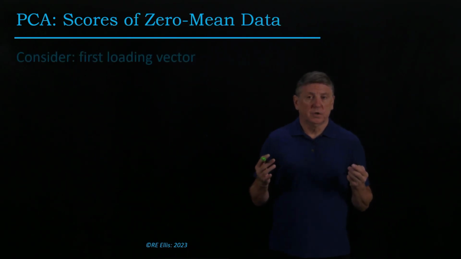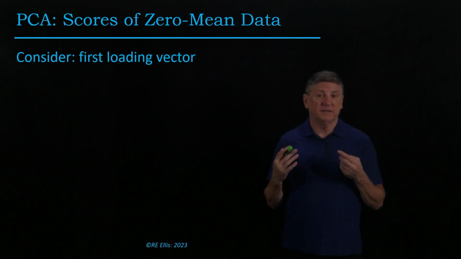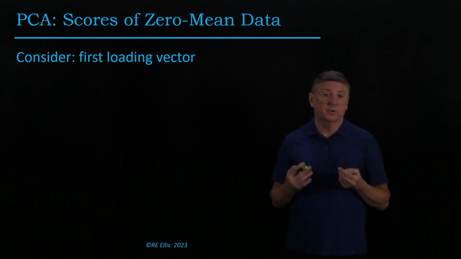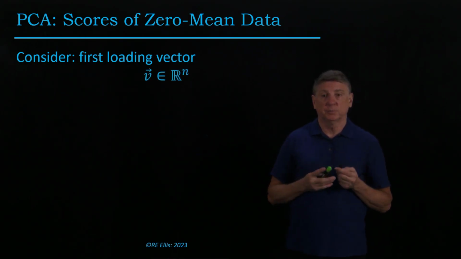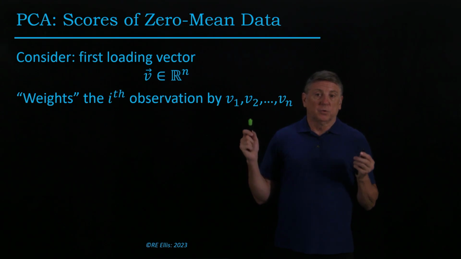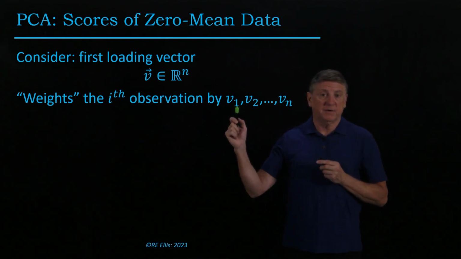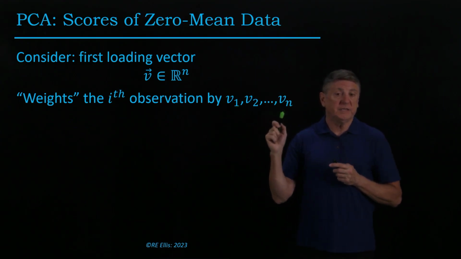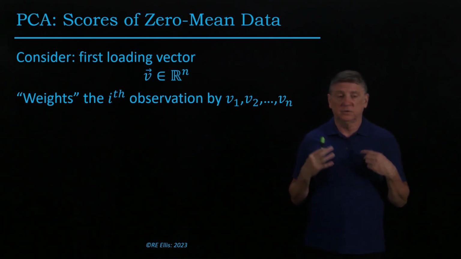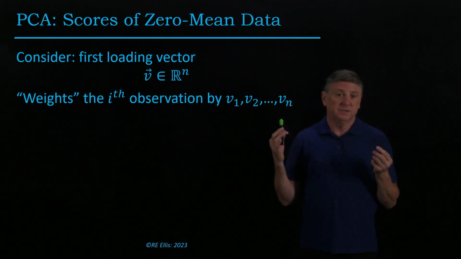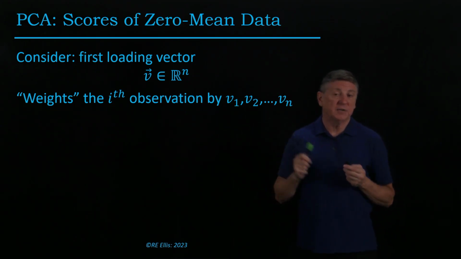So scores are this. First, let's suppose that we consider that first loading vector, which is the first eigenvector of the covariance matrix of our data, which is derived from the zero mean data. So the weights that this loading vector provides are the entries. So we can think of the entries of this loading vector, which typically has a unit norm, as weights.